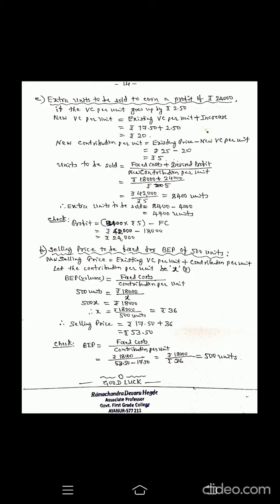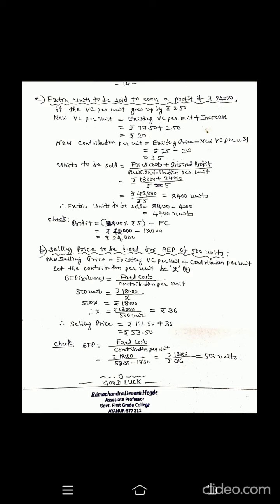Remember, selling price minus variable cost per unit will give us the contribution per unit. Therefore, variable cost and contribution per unit, when we add both of these, we will get selling price. So it will come to 53.50.